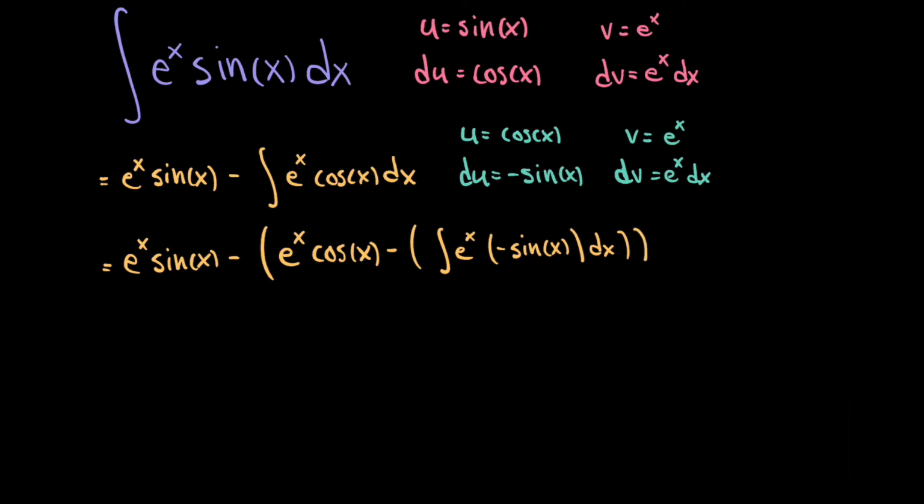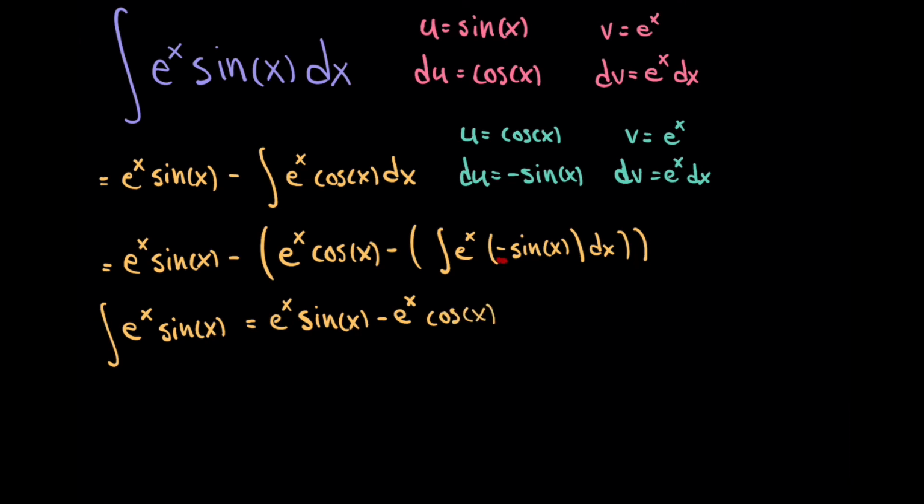So now what we're going to do is take this expression and bring it down into the equation, and we'll simplify all of these parentheses. So all of this, we say that the integral of e to the x sine x is equal to e to the x times sine x, minus e to the x cosine x.